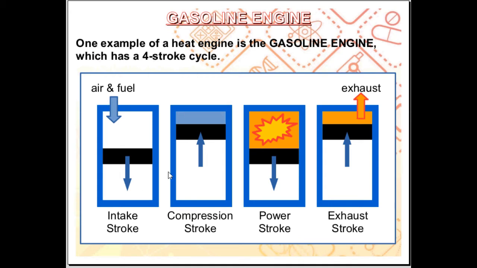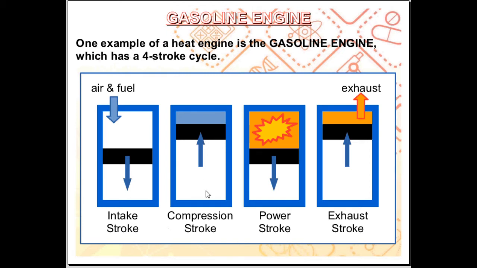You have a piston system, a chamber with a movable piston. The piston is pulled down to make room for the air and fuel mixture, which is injected into the chamber of our piston system. You have the intake stroke.